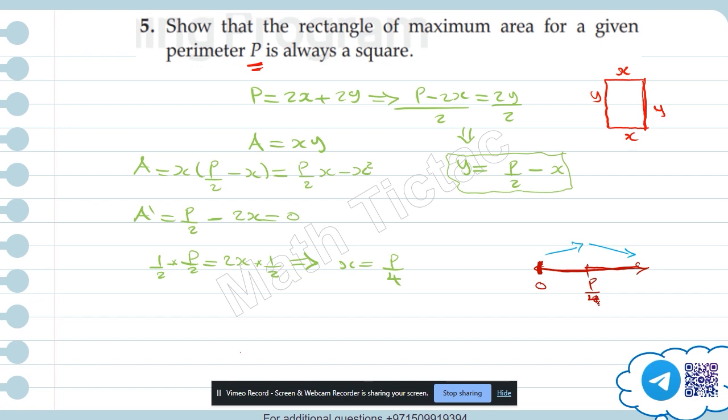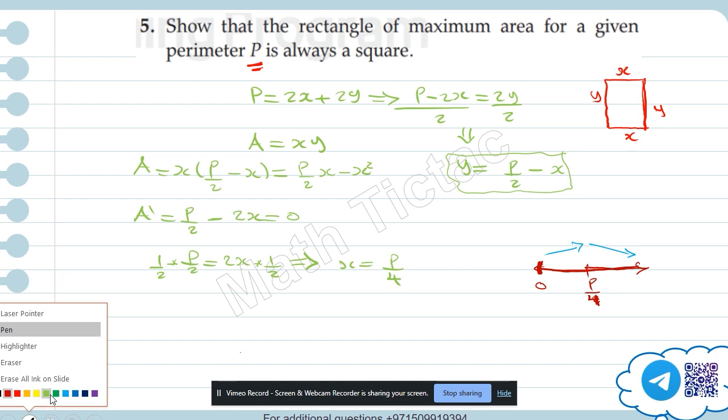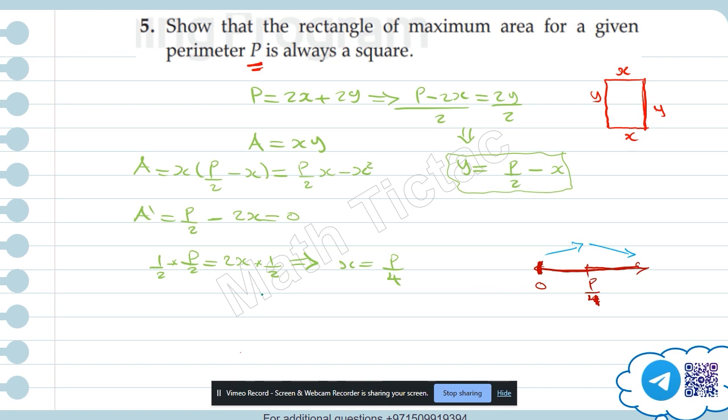Now, how can I know that it will be maximum? Let's substitute any value, for example a value less than P over 4 and greater than 0. I just want to make sure that the solution is correct. We moved the 2x to this part, and after that we divided by 2, yes. Let's substitute P over 3, for example.